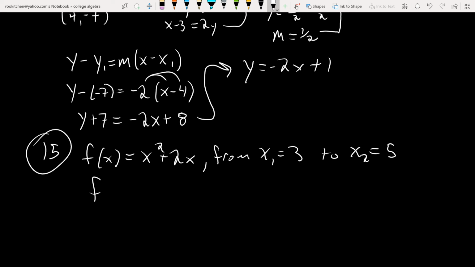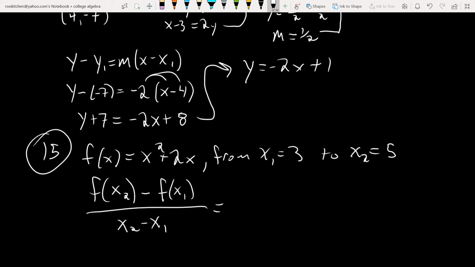The formula is basically the slope formula, but instead of y2 and y1, you have f of x2 and f of x1, all over x2 minus x1. So we're figuring out f of 5 minus f of 3 all over 5 minus 3.